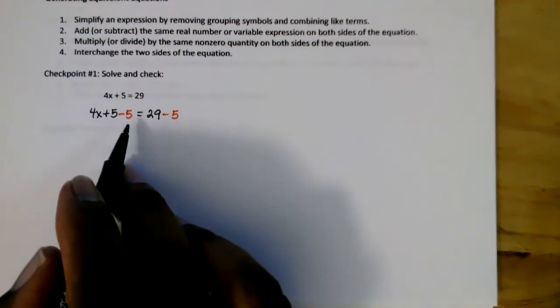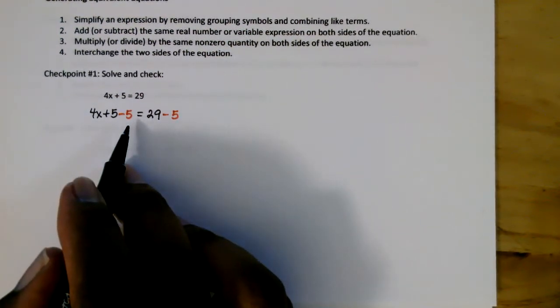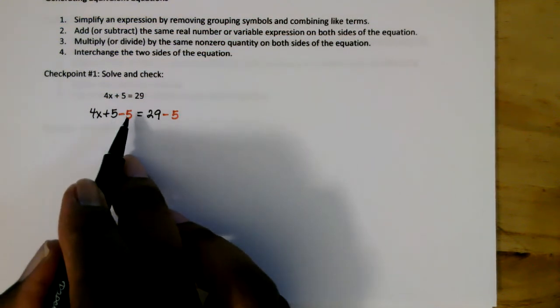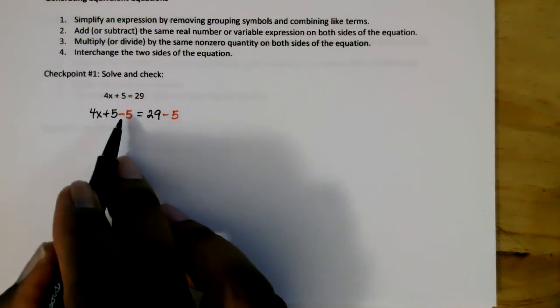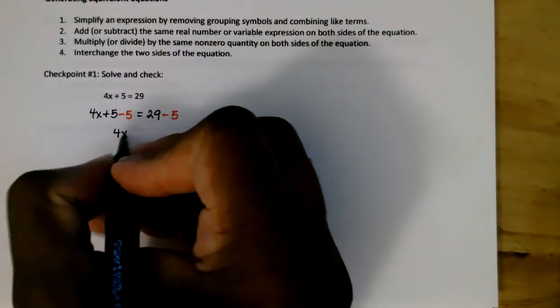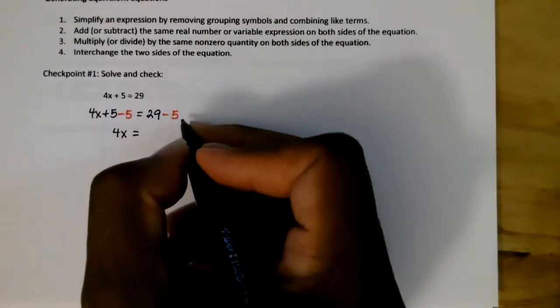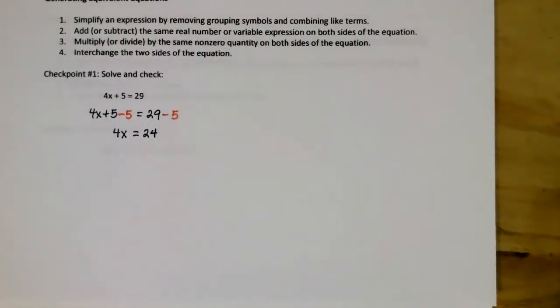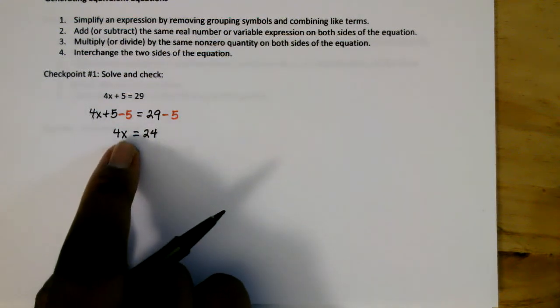Adding and subtracting the same number is the same as adding 0. So when I add 5 and subtract 5, I get 0, and I'm left with 4x equals 29 minus 5, which is 24. So I have 4x is equal to 24. The next step is to get x by itself.